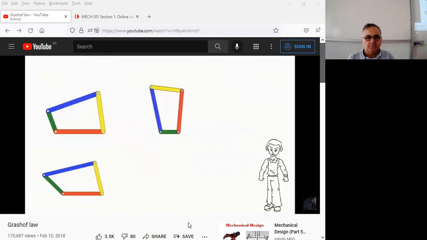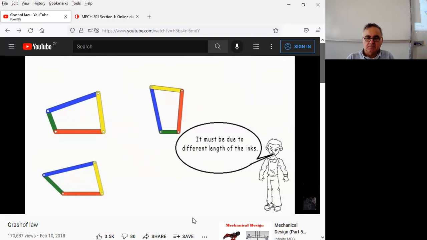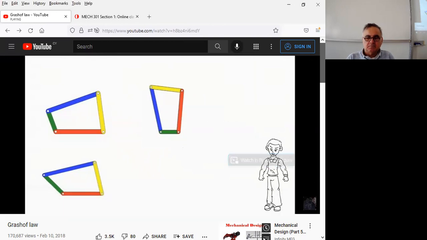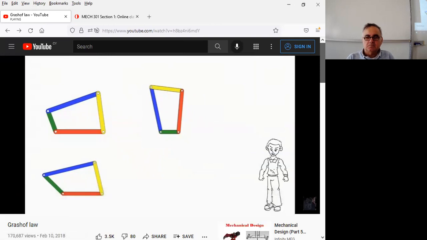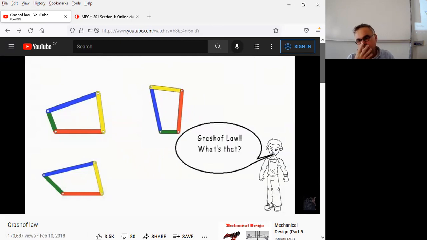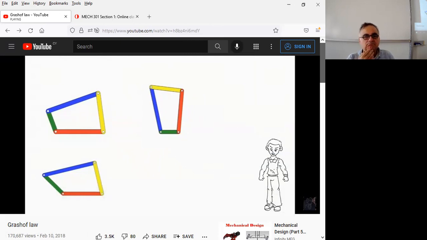That's amazing. Can you guess the reason behind their different behaviors? Yes, it must be due to different lengths of the links and depending upon which link is fixed. Correct. Is there any relation for this? Yes, it is known as Grashof law. Grashof law. What's that? Let's discuss it.